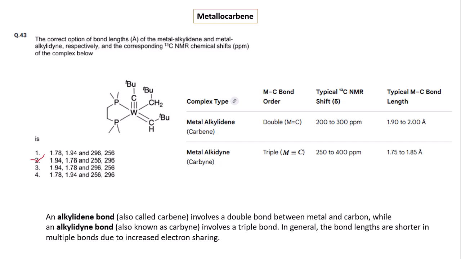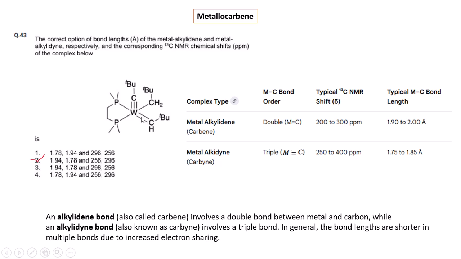But here the phenomenon becomes reversed in case of the metallocarbene system, where the alkyne carbon resonates at higher chemical shift. That is, the alkyne carbon resonates at 252 ppm to 400 ppm, whereas the alkene carbon resonates at 202 to 300 ppm. So option 2 is the correct option.